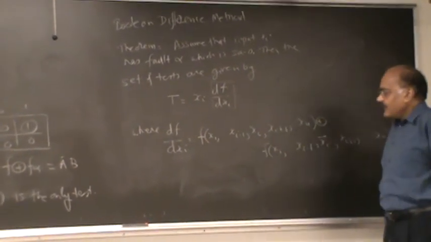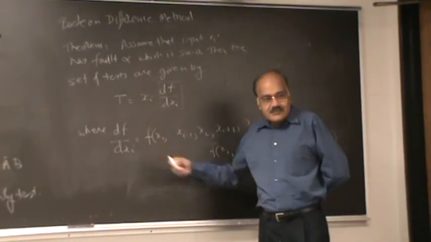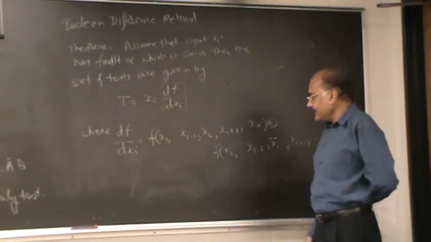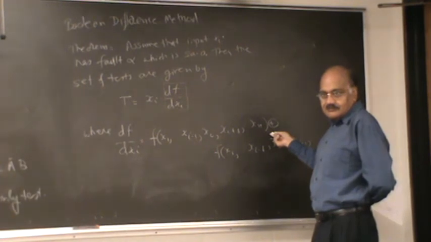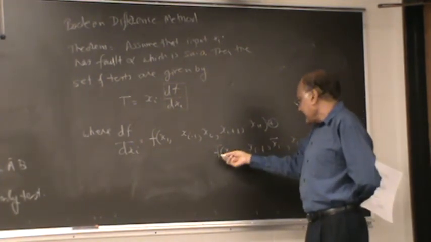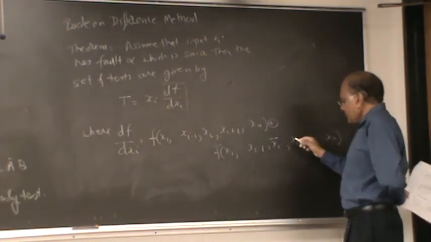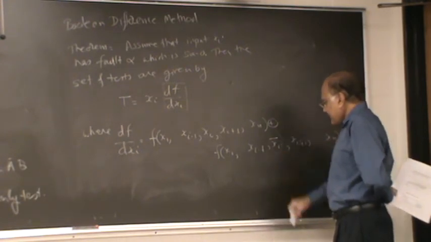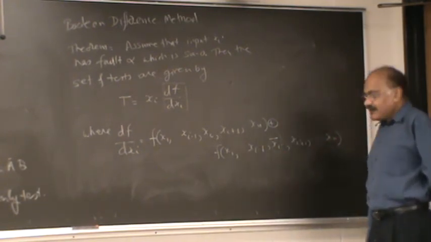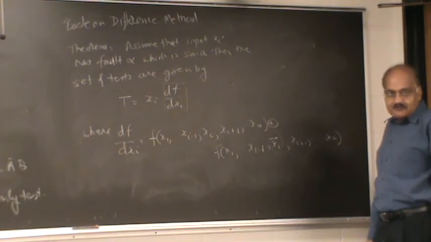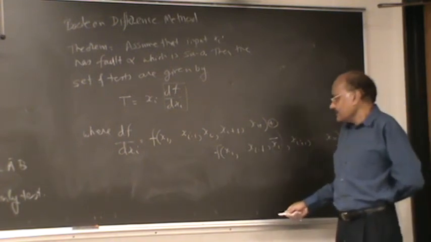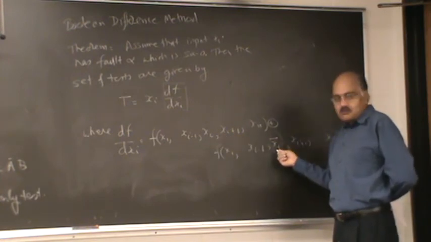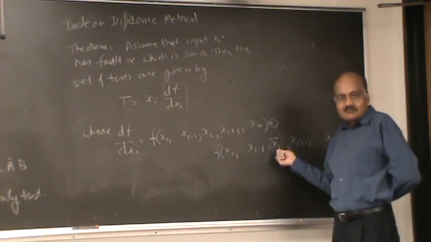So basically, df by dx i is defined as the normal function, and the same thing with x sub i replaced by its complement. Now notice that one of them has to be 1 and other has to be 0, right?